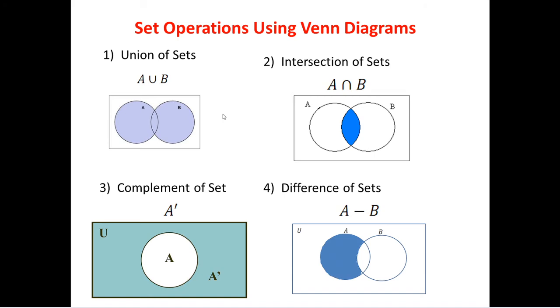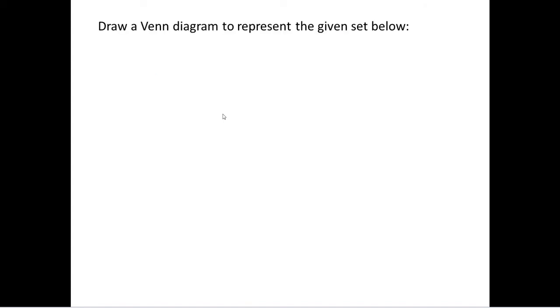So that is A minus B. These are the four operations on sets that are represented using Venn diagrams.